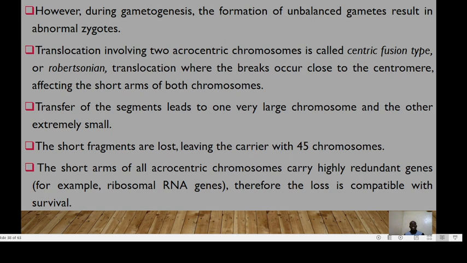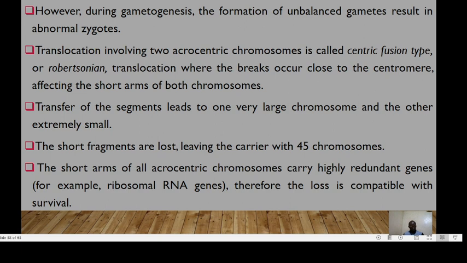Translocation involving two acrocentric chromosomes is referred to as the centric fusion type, or Robertsonian translocation, where the breaks occur close to the centromere, affecting the short arms of both chromosomes. Transfer of segments leads to one very large chromosome and one extremely small one.